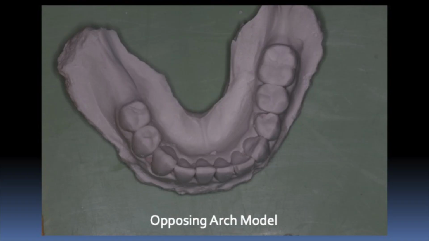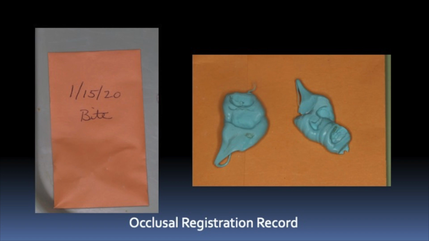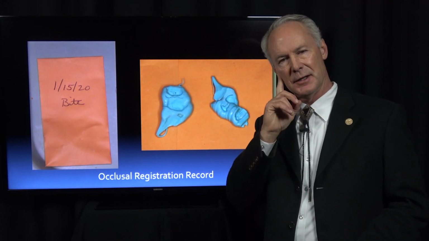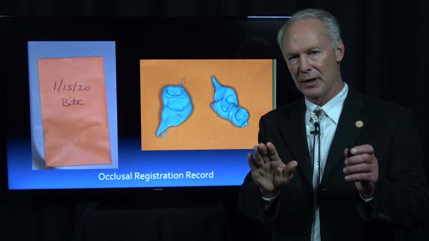Then this is the opposing arch model, and then this is an occlusal registration record taken only between the teeth that are being crowned. There's anterior coupling of the teeth being veneered, meaning the lower teeth contact those. So you don't want to take an occlusal registration record there.